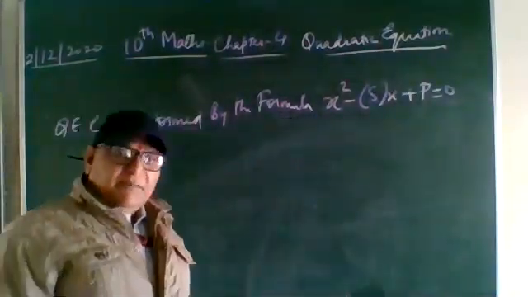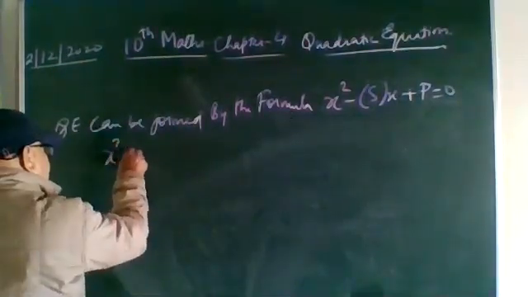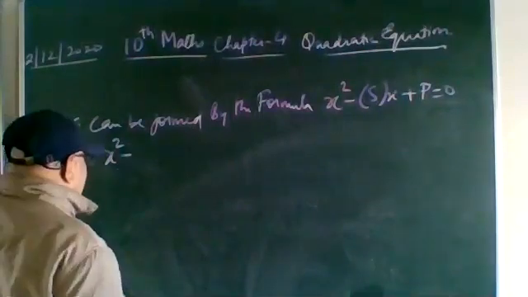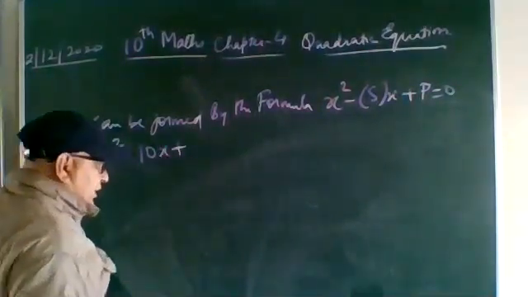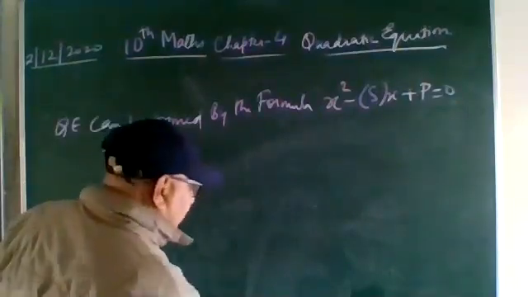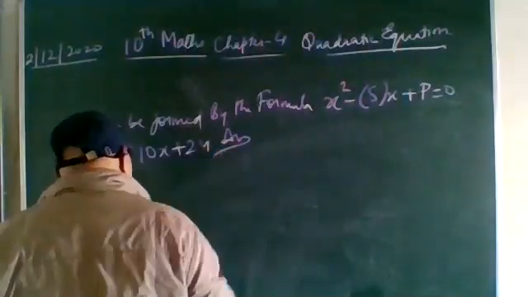S is the sum of the roots for the required quadratic equation. So x square minus 10x plus, product of the roots, 24. This is the answer.